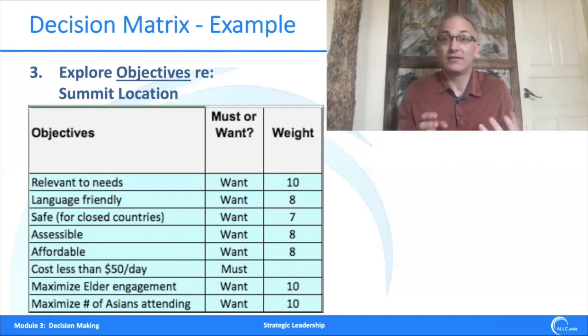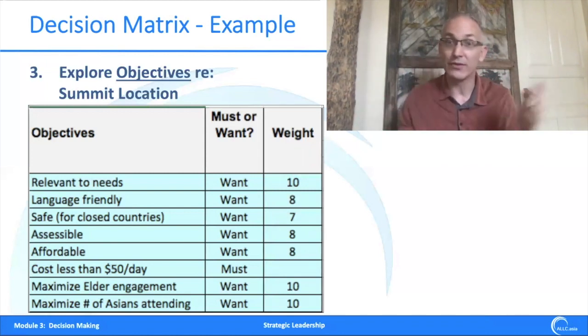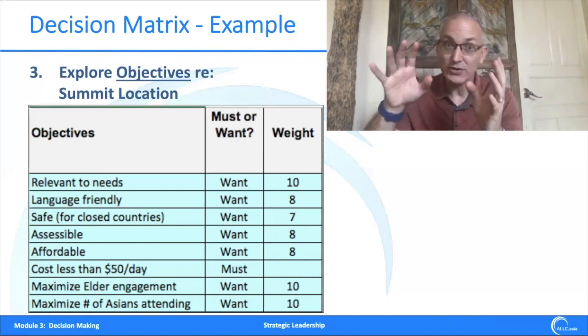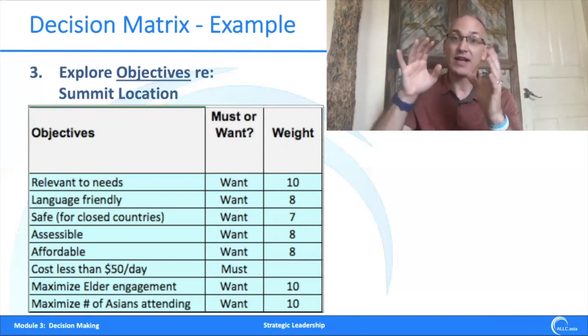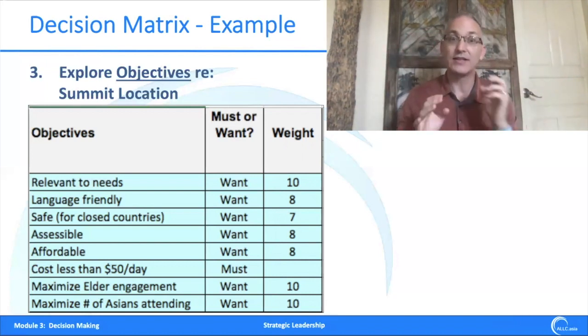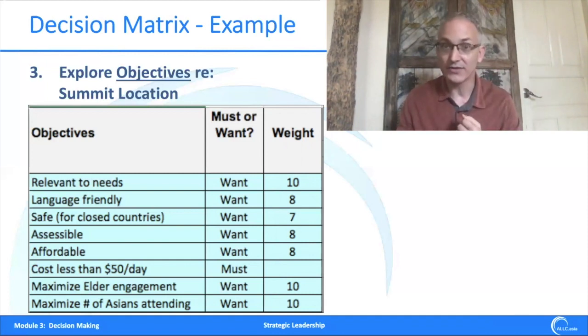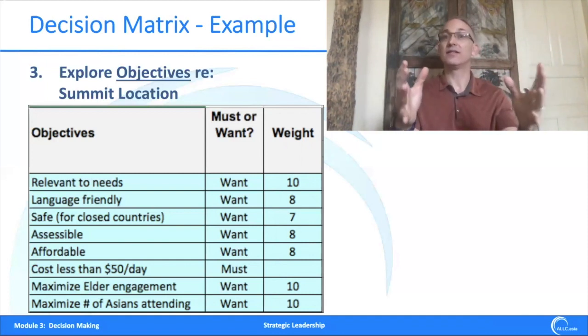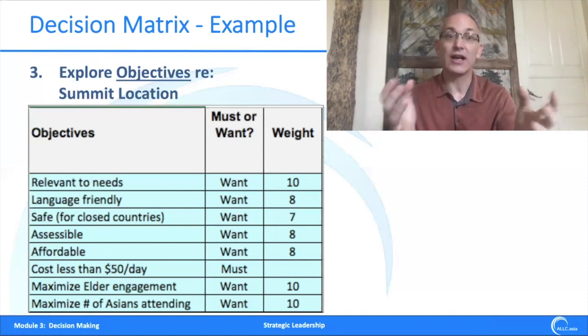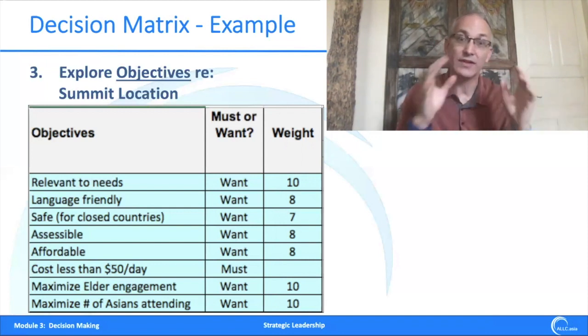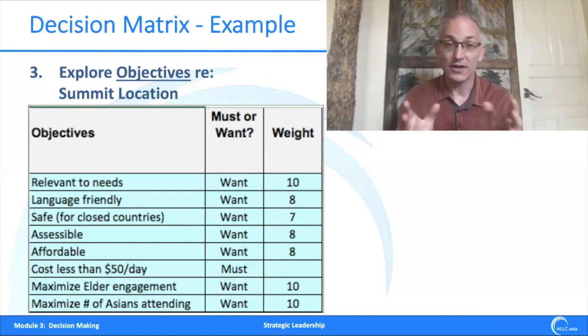You don't have to use every number, 1, 2, 3, 4, 5. But what's the most important objective? Give it a 10, and everything else relative to that 10, how important are the rest of the objectives? And you get a sense of, okay, these are the criteria we're using to make our decision and how relatively important each of these objectives is. So now I want you to give this a shot using your decision.